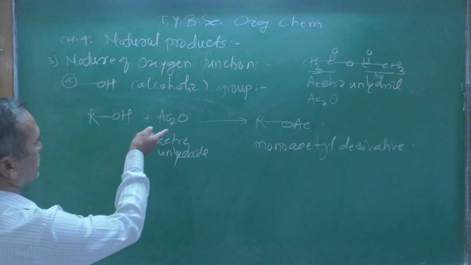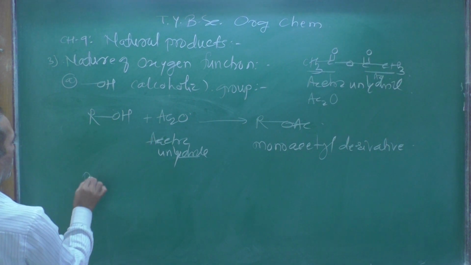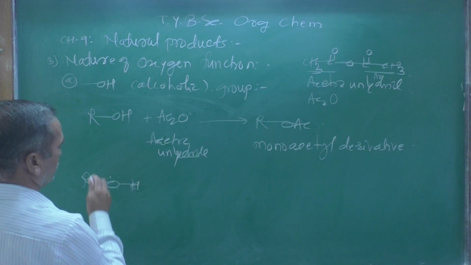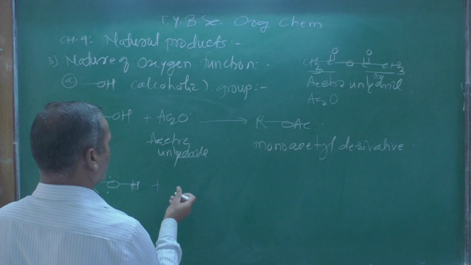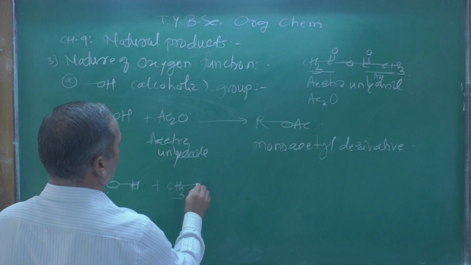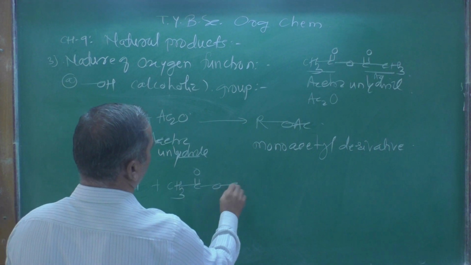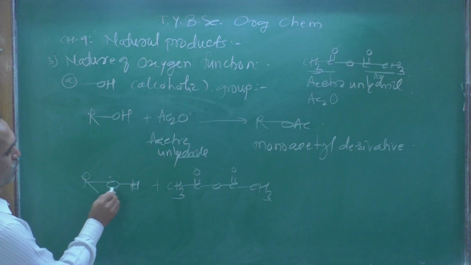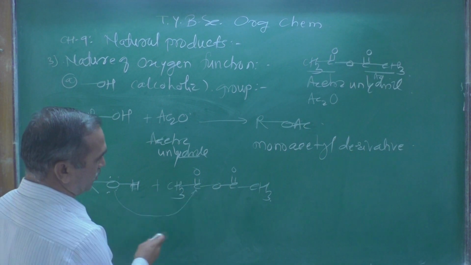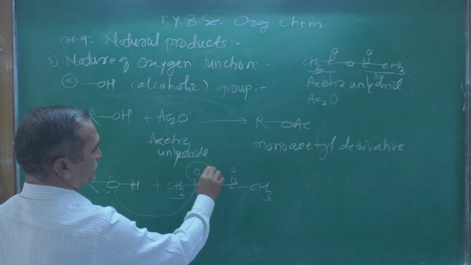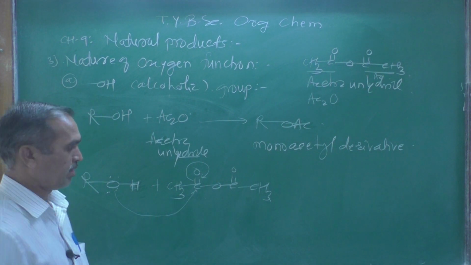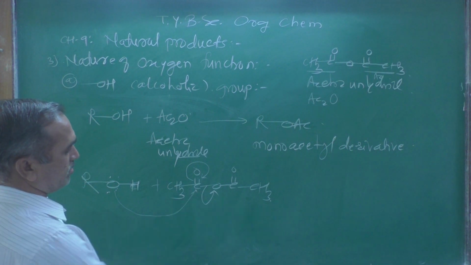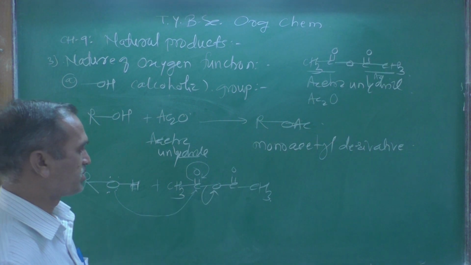Now you might know the mechanism, but let us see here: RO, then a hydrogen atom, and a lone pair present on the oxygen atom. So you can write here CH3, C double bond O, then C double bond O, CH3. Now what is happening? This lone pair attacks the carbonyl group, the double bond is retained as it is, and there is a breaking of the bond between that carbonyl carbon and the oxygen atom.